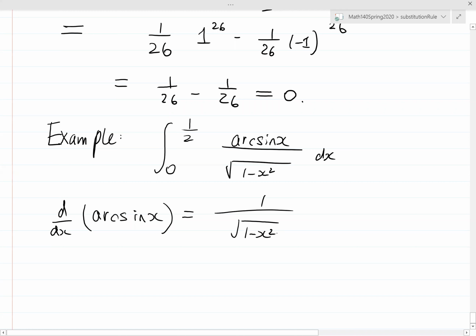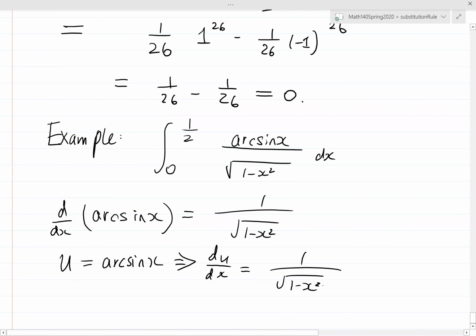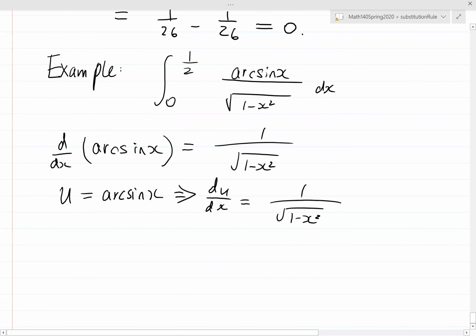So what we substitute is arc sine: u will be arc sine x. Then du over dx is the arc sine derivative, 1 over square root of 1 minus x squared. If x is 0, u is arc sine of 0, which is 0, because sine 0 is 0. When x is 1 half, what is u?